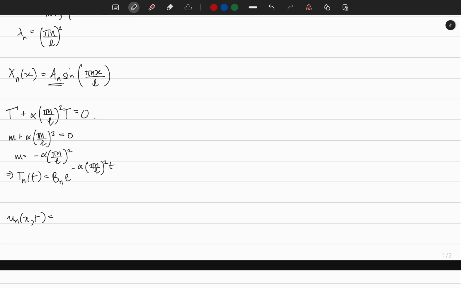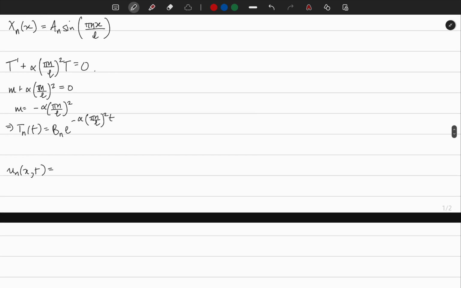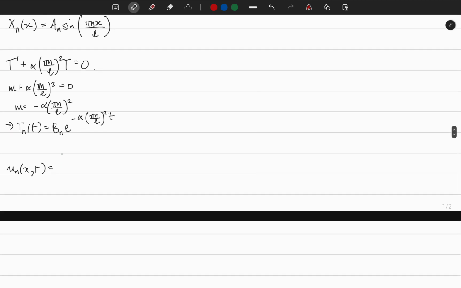But notice, a_n is a constant, b_n is a constant. So if we take their product, that will also be a constant. We'll call that C_n then. So we'll get C_n sine of n pi x over L times e to the minus alpha (pi n over L) squared t.